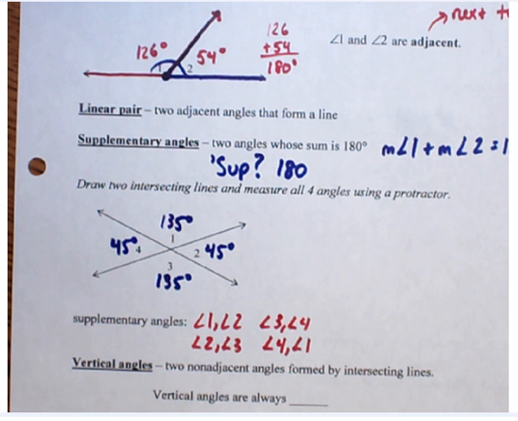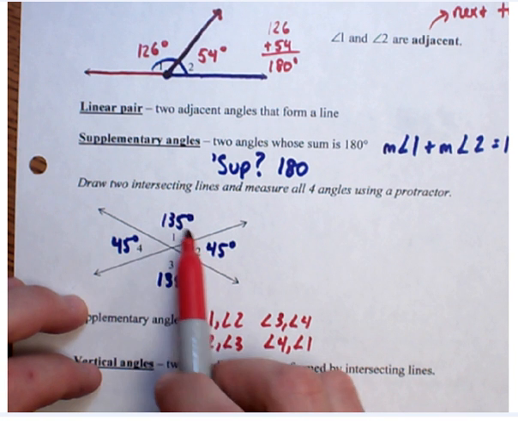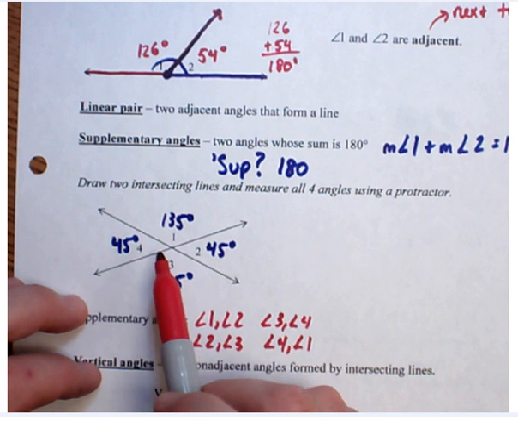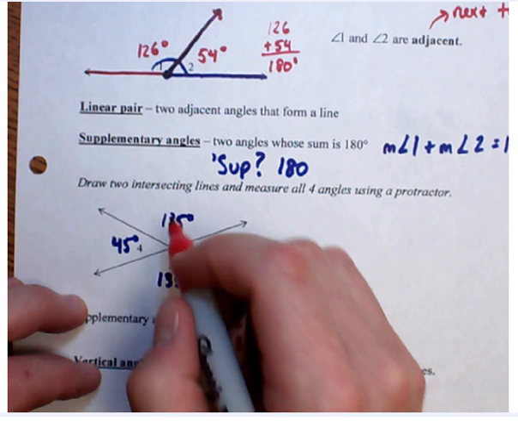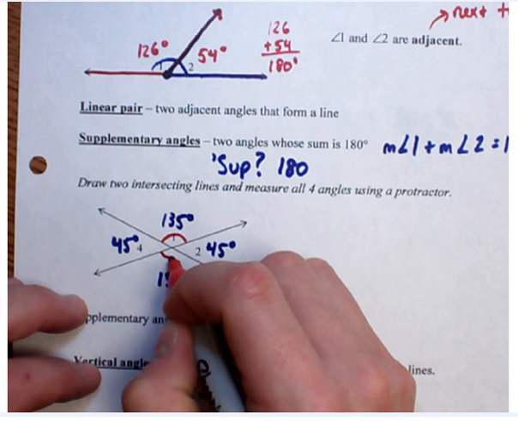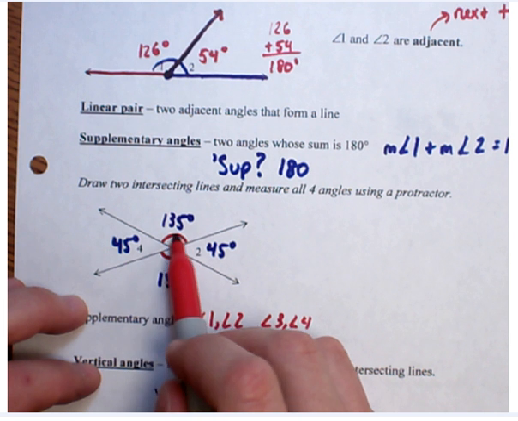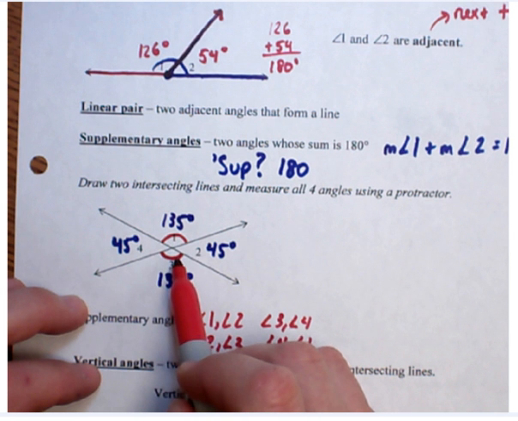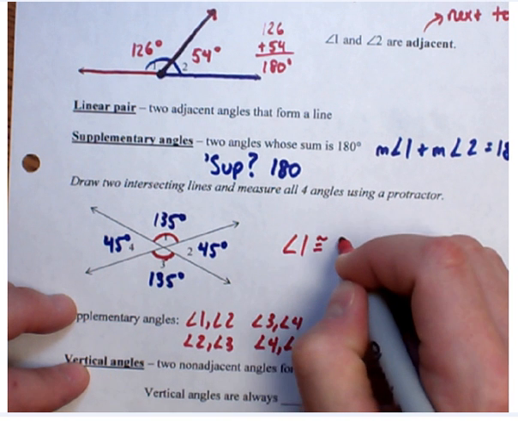But the other thing that I want you to notice, not just that you have measurements that add up to 180, is that you have measurements that are actually equal to each other. For example, angle 1 is 135 degrees, angle 3 is 135 degrees. When I label angles, I label them with arcs if they're congruent. One arc, those are the same. Off on the side here, angle 1 is congruent to angle 3.